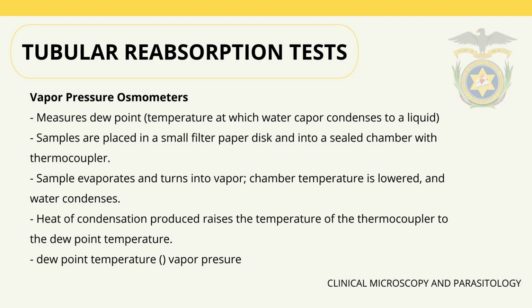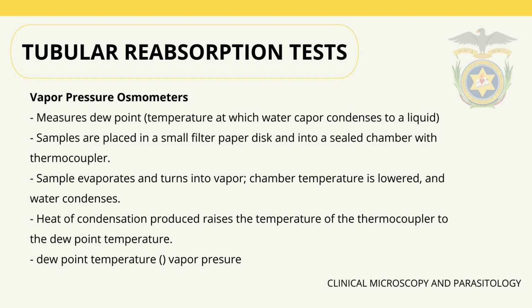Vapor pressure osmometers measure the dew point, which is the temperature at which water vapor condenses to a liquid. Samples are placed on a small filter paper disc and into a sealed chamber with a thermocouple. The sample evaporates and turns into vapor, and the chamber temperature is lowered and the water condenses.